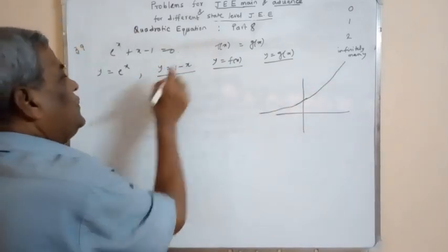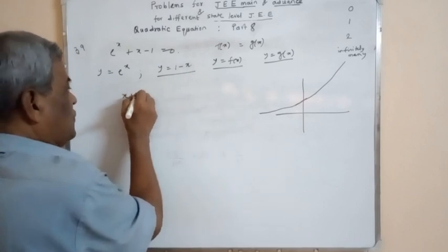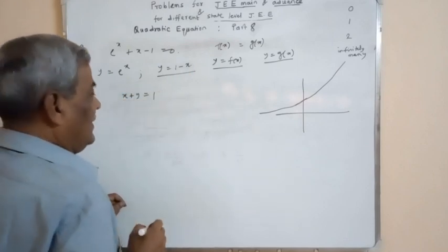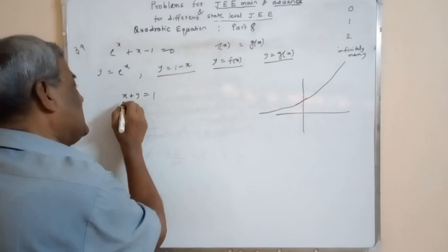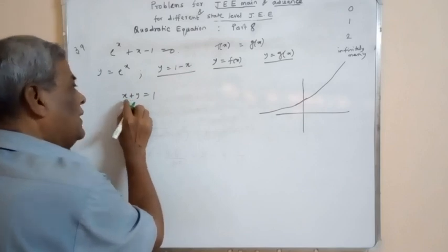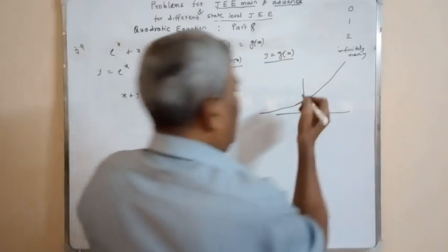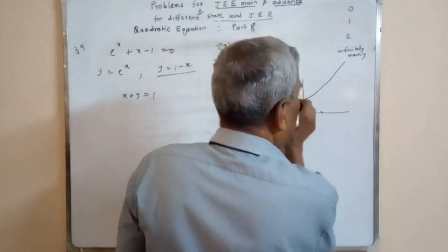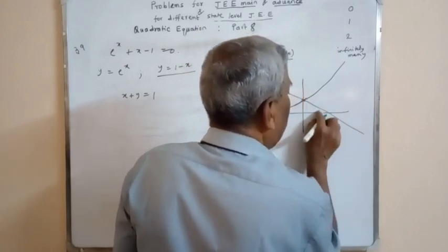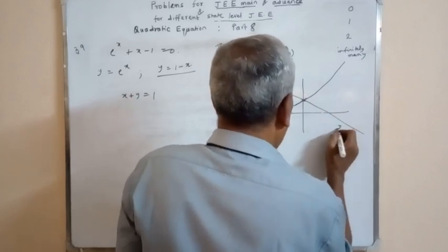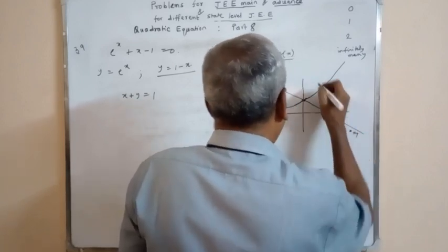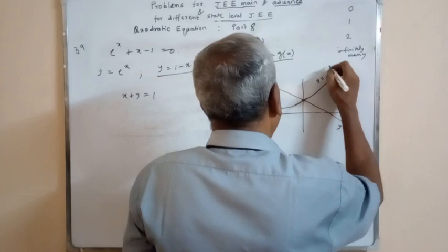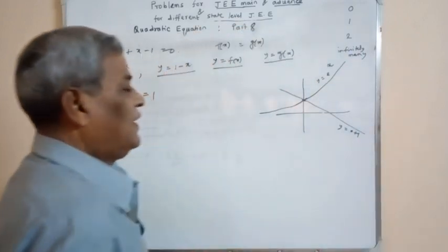And this line meets the x-axis at the point minus 1 and the y-axis at the point 1. This is y equals x plus 1, and this is y equals e to the power x.